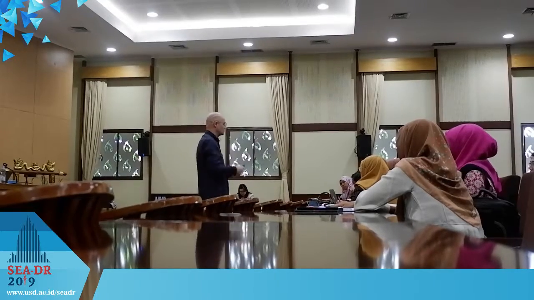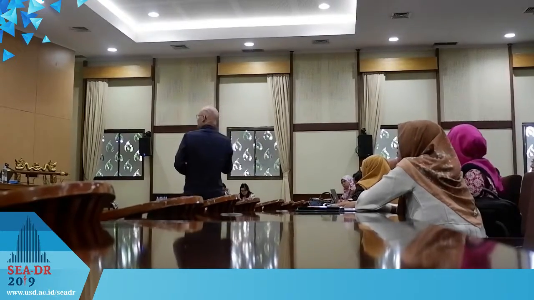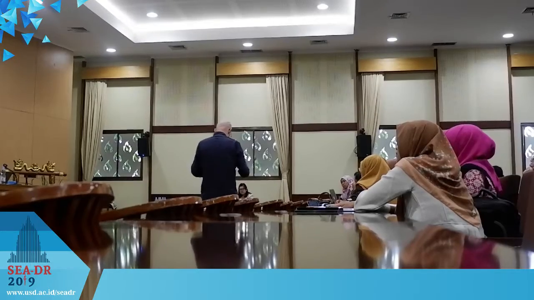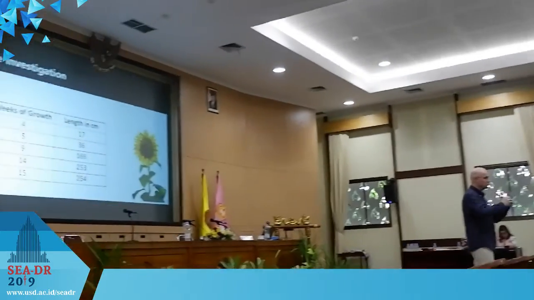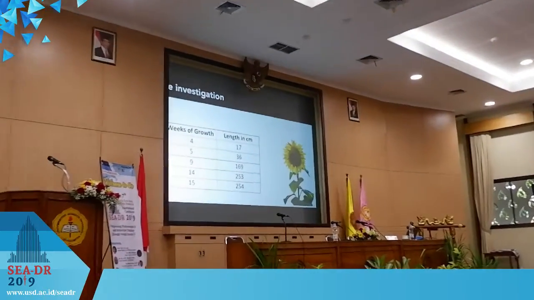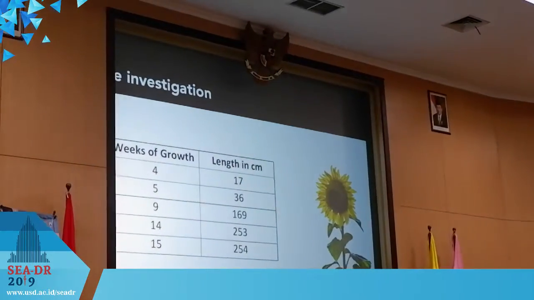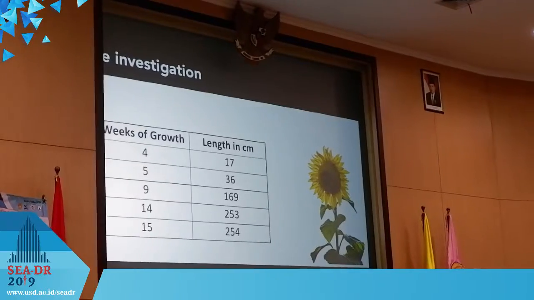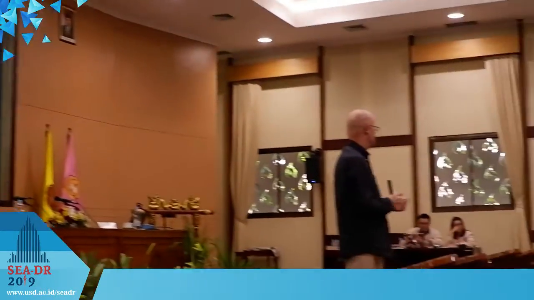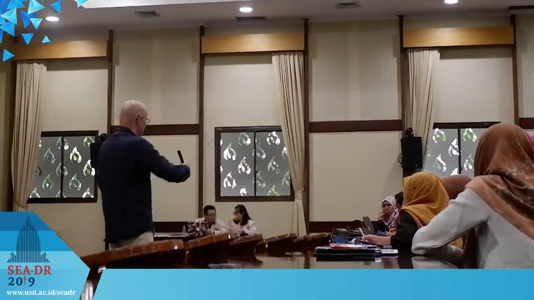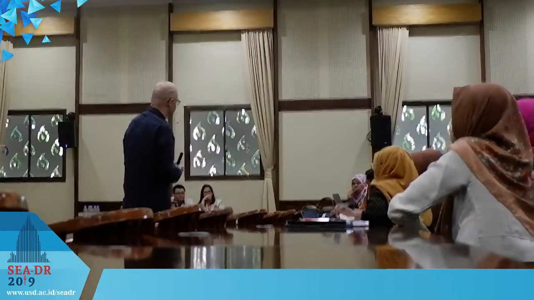I just repeat it because a few people came in. In this investigation, the teacher introduced the story to the children. This was done in a classroom in Canada, but it could be anywhere. And the teacher said, in this big city, people don't really have a garden, but some people like to grow fruit.